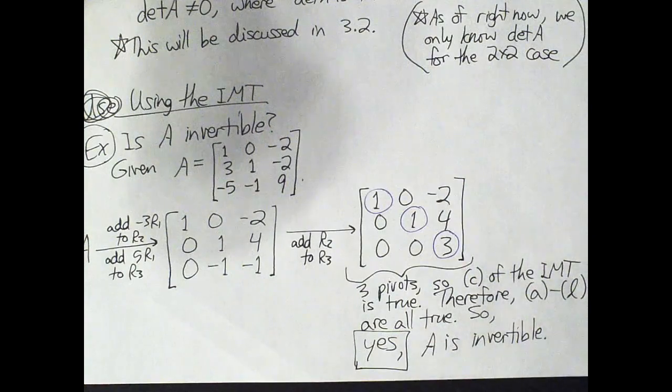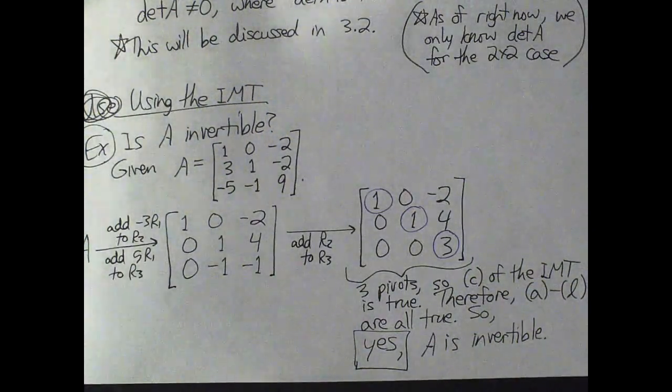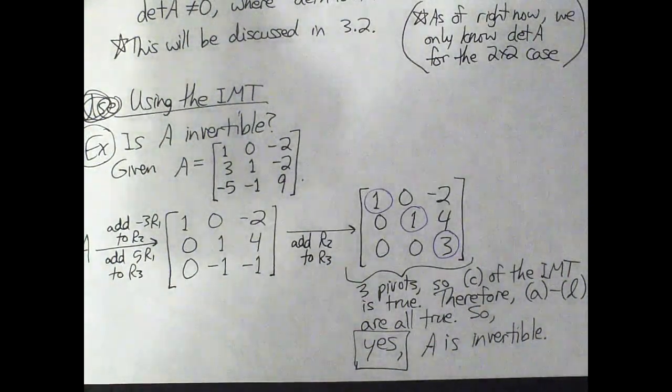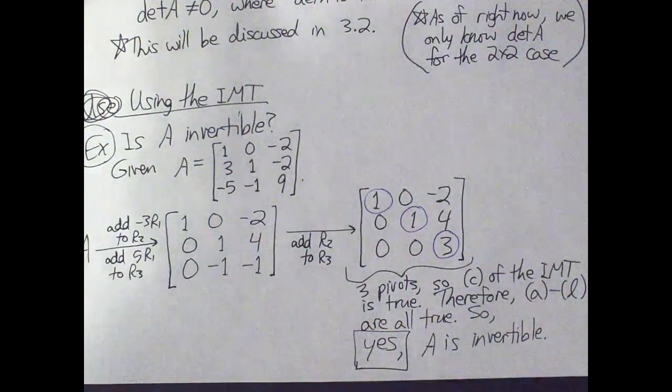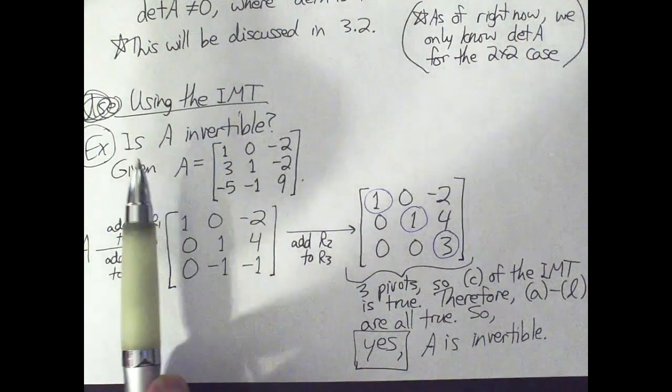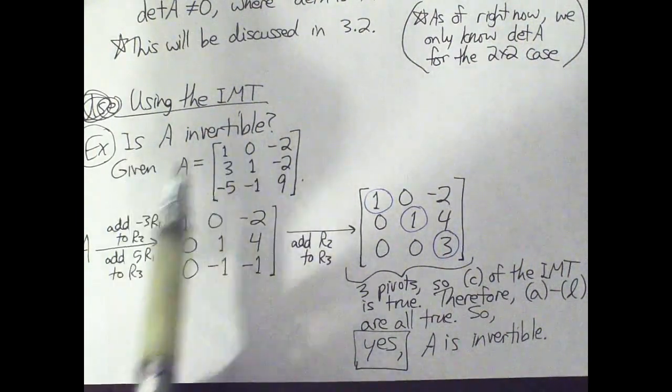We had to do some row reduction, but we didn't have to do as much row reduction as we did in the previous lesson, where we set it up side by side with I, and we do full Gauss-Jordan elimination, and you don't really know until the end whether it's invertible or not. Now, of course, the only reason why this strategy worked was because this question was just phrased as a yes or no question.